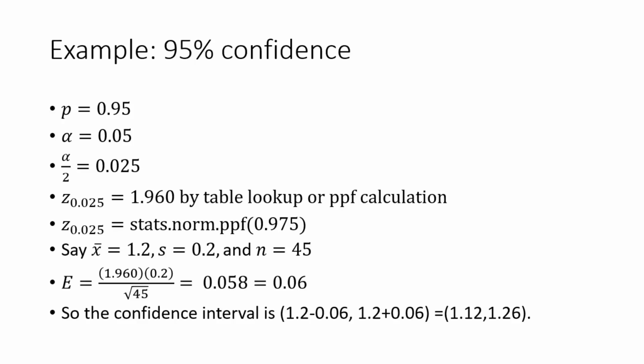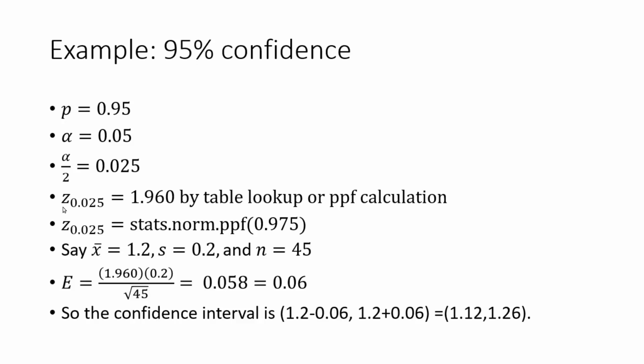Let me give you an example, the way we would calculate this old school. A 95% confidence interval gives me p equals 0.95, and so my alpha is 1 minus p, which is 0.05. I need alpha over 2, so I divide my 0.05 by 2 to give me 0.025.